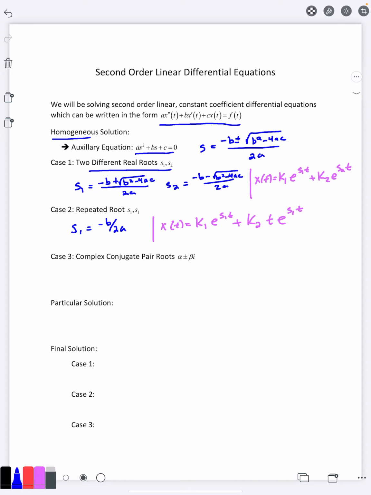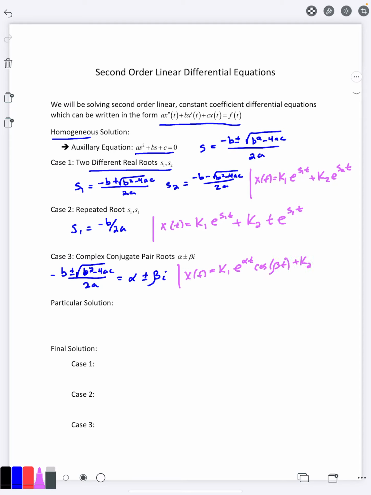Then when I do case 3, this is where when you take the square root, it's the square root of a negative number. And so we rewrite this negative b plus or minus, the standard quadratic formula result, as alpha plus or minus beta times i. So alpha is the real part, beta is the imaginary part. And when you have this case, it turns out using something called Euler's identity, you can rewrite this as some constant k1 e to the real part alpha t times cosine imaginary part beta t.